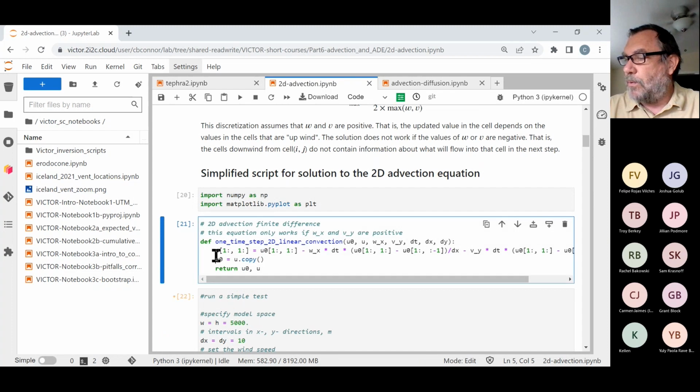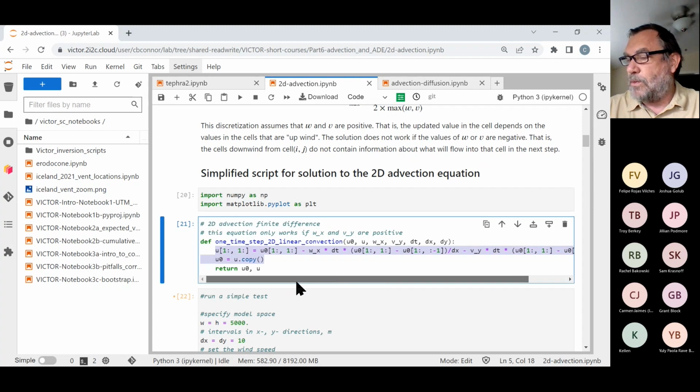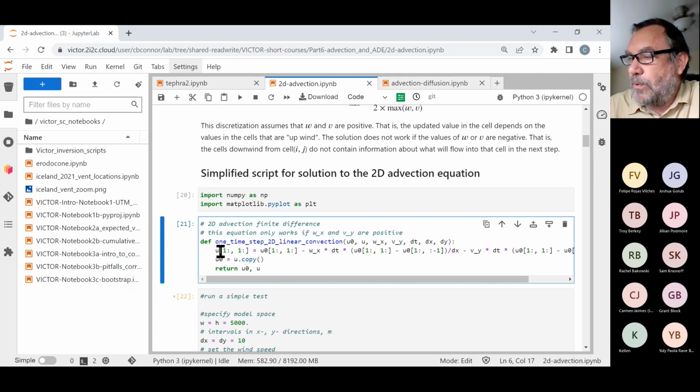Okay, so the interesting thing about this is I do that whole solution basically in one step for every grid point. And so it's worth unpacking this for a second and seeing how this equation works. So here's U, right? This represents the temperature or whatever at time k plus 1.